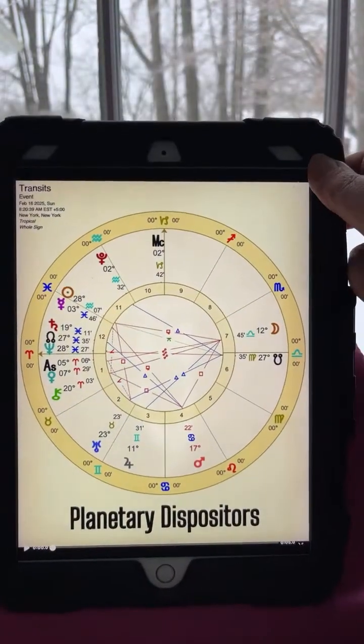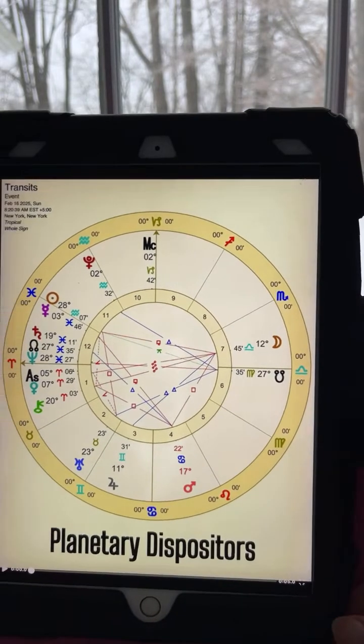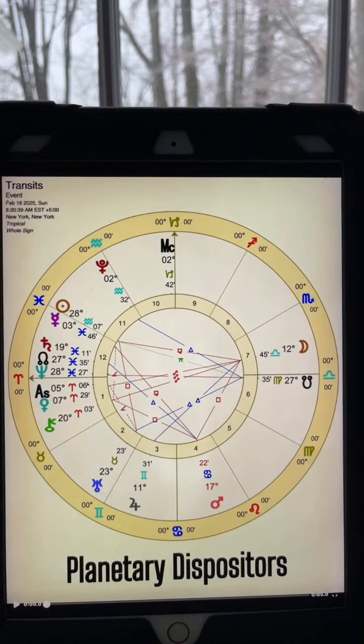It actually kind of makes me think about what I was saying about the sun being exalted in Aries. The moon being exalted in Taurus makes so much sense because the moon is getting to do Venus things, right? So the moon is getting to feel super cozy and make things more beautiful.